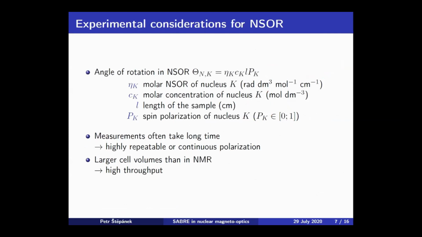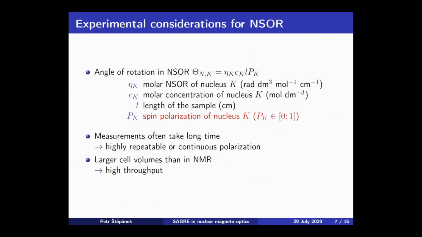We are trying to measure this angle of rotation, so that is our signal, and we want, of course, to maximize this. We have 4 parameters that we can play with. Well, not really, only 3, because the smaller NSOR is the effect that we are actually measuring. We cannot change that.